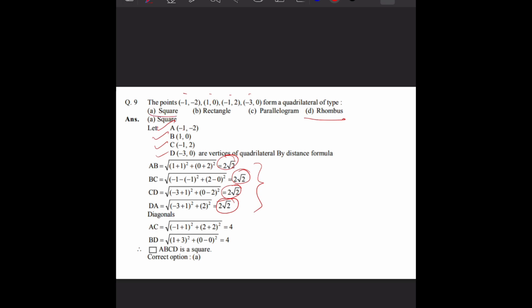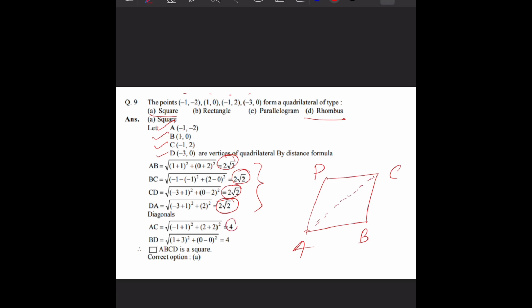And how do we differentiate our answer? By calculating diagonals. How will we know the difference between a rhombus and a square? The difference will be known by finding the diagonals. What is a diagonal? If I consider a rough diagram like this, A, B, C, D, what will be my diagonal? My diagonal will be AC. So what is AC here?